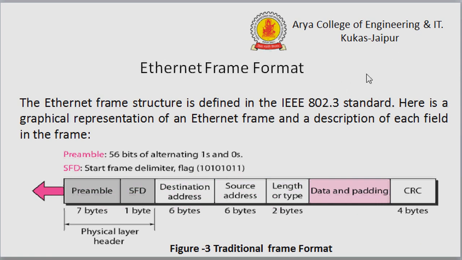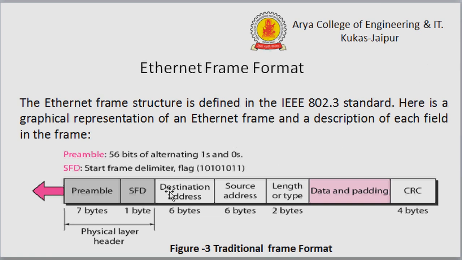Now the Ethernet frame format. The Ethernet frame structure is defined in the IEEE 802.3 standard. Here is the graphical representation of an Ethernet frame and a description of each field in the frame. It is divided into 7 fields.